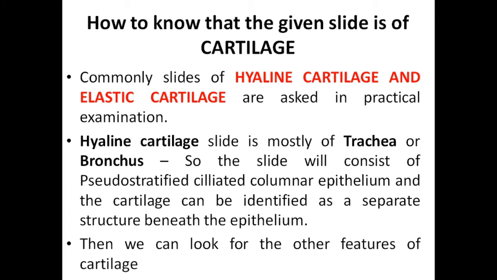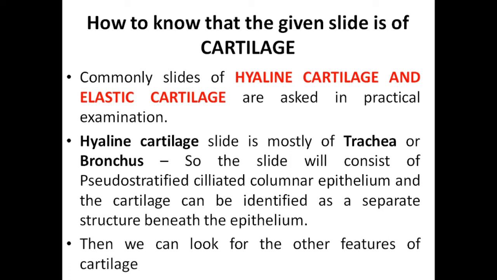So if you are seeing a slide in 4x or 10x power, and you are able to see the presence of a pseudostratified ciliated columnar epithelium, and within that tissue there is a separately identifiable, long sheet-like structure, then there are chances that it is a slide of cartilage. And if you go for the details, you will be able to identify whether it is hyaline cartilage or elastic cartilage.